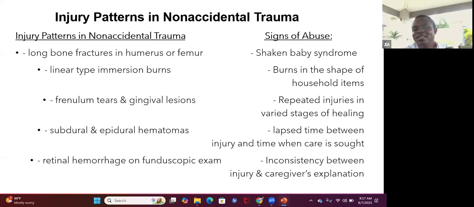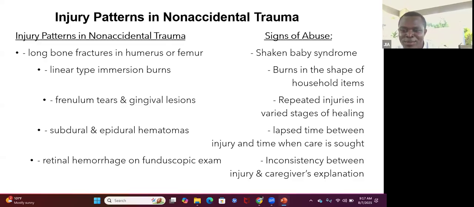When you have that pattern, you can suspect repeated abuse. Or if it's an inflicted wound, you can see different ones at different stages of healing. When you see those things, you should suspect a sign of abuse, right?